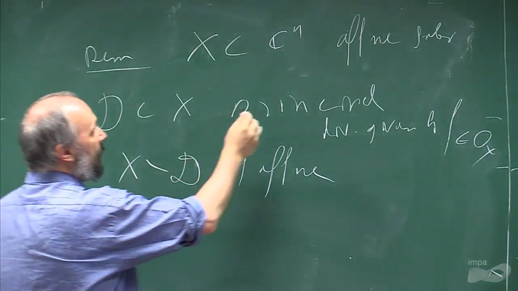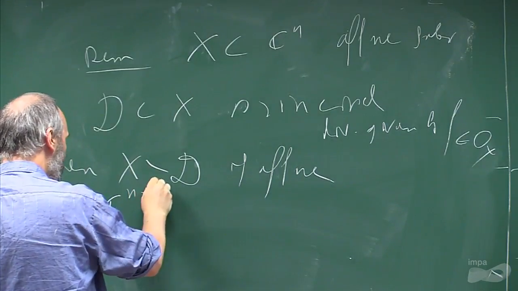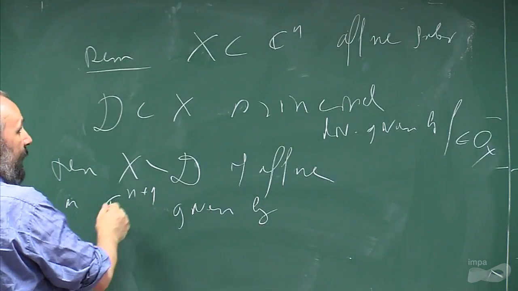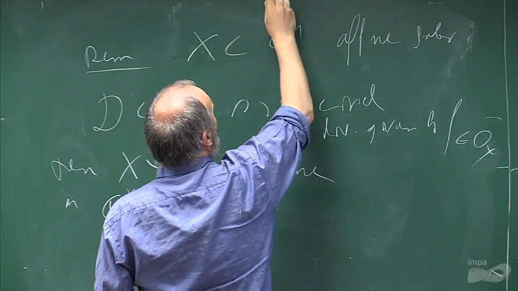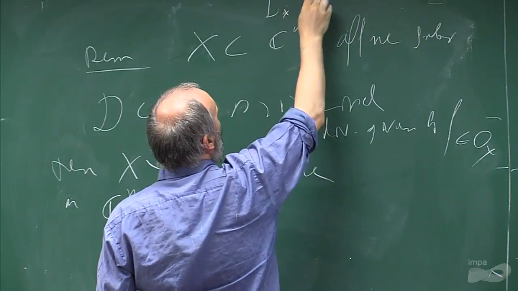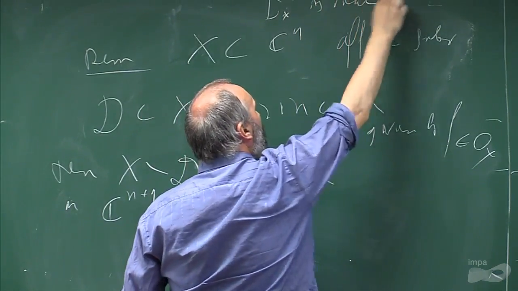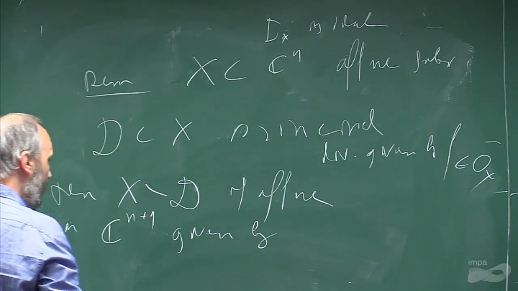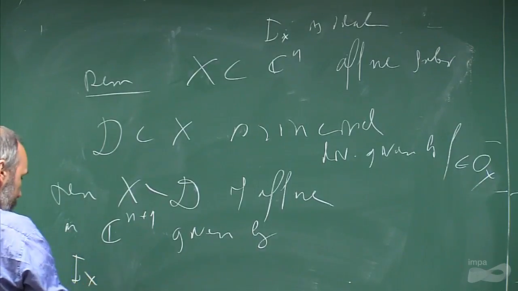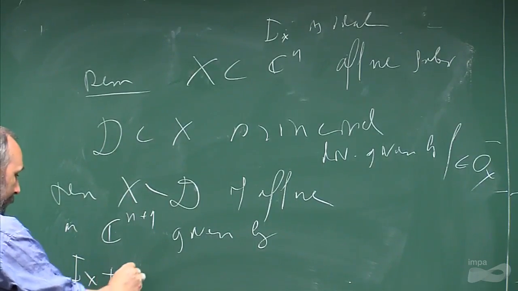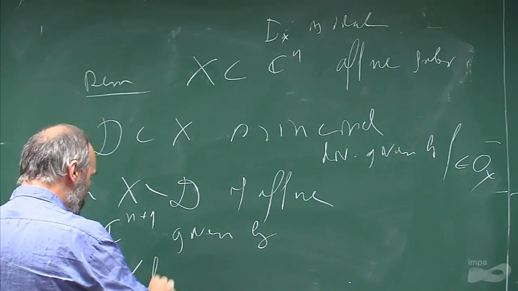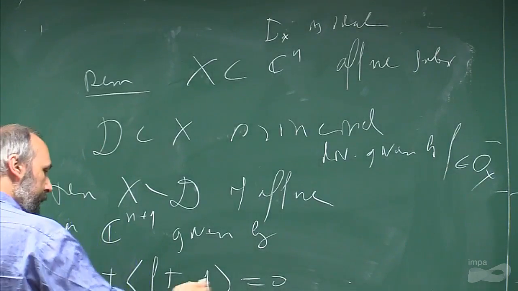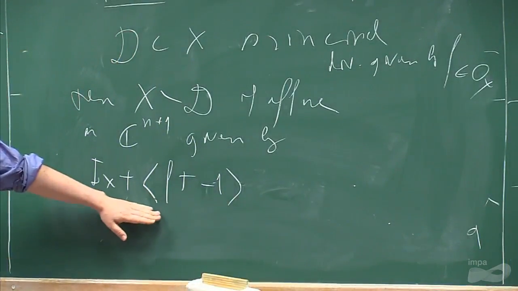Well, it's affine in other coordinates, not in those coordinates. This is because it is given in C^(n+1) by an ideal: you have the affine variety X with its ideal I_X, the ideal of polynomials vanishing on X, and then you add just one element, Ft minus 1 equals 0.